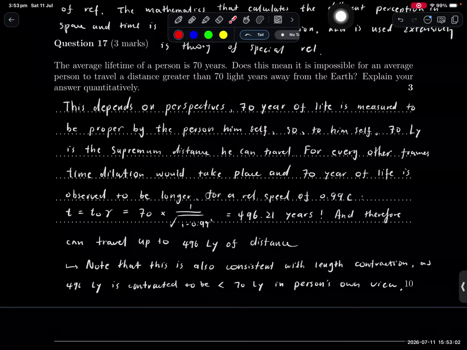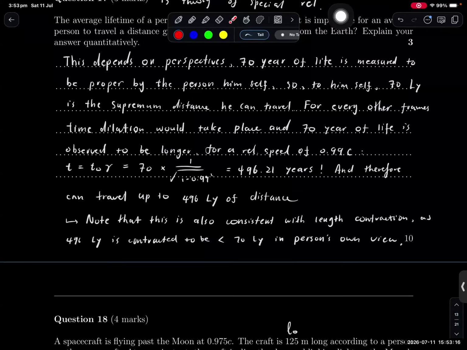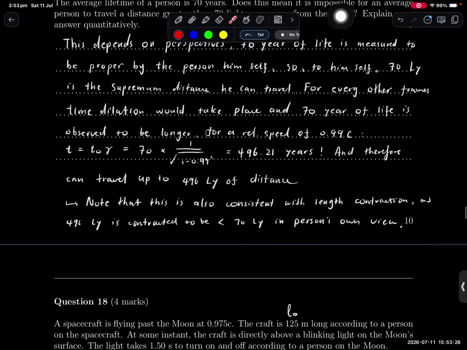So to himself, 70 years is the time he has, and even if he travels at the speed of light, 70 light years will be the most distance he can travel. So it's true if you're measuring proper time. However, for every other frame of reference, time must be dilated, and this therefore would take longer than 70 years, and hence he is able to travel longer than 70 light years of distance.